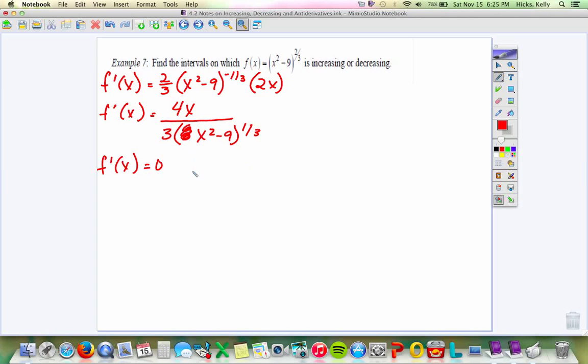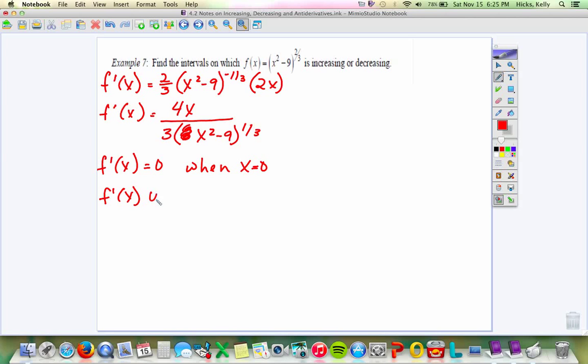Let's first talk about when the derivative is equal to 0. f prime of x is equal to 0 when, well, if x is equal to 0, your denominator is fine. It's just a number of some sort. But your numerator is 0. So you have 0 over a number, which is perfectly legal. So your derivative is equal to 0 when x is equal to 0.